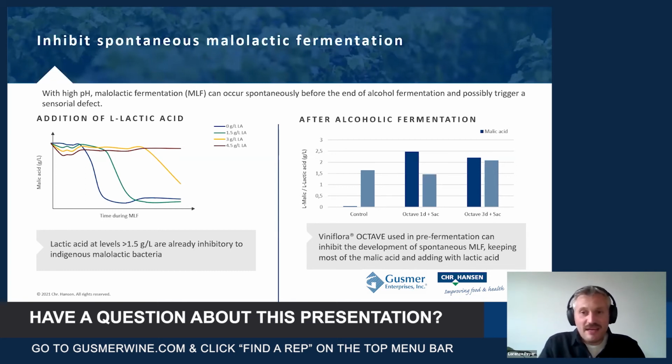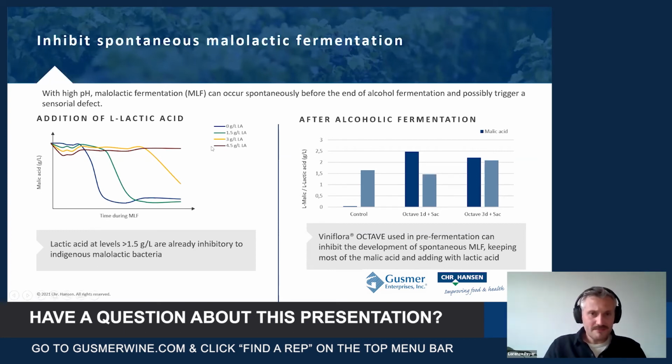Something that we find by releasing a copious amount of lactic acid is that lactic acid has an inhibitory effect on malolactic bacteria. Malolactic bacteria are producing lactic acid through the consumption of malic acid. But if lactic acid is already present in a wine where they're being inoculated, this can slow down the activity.